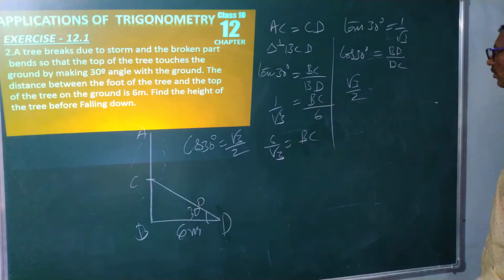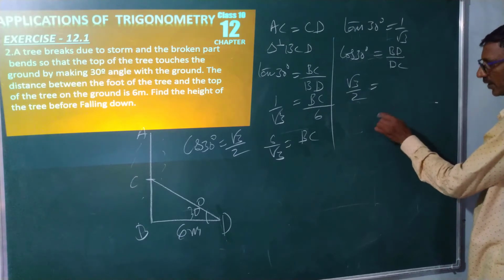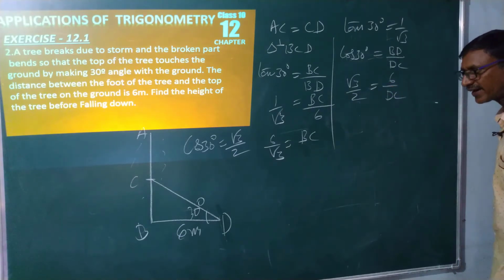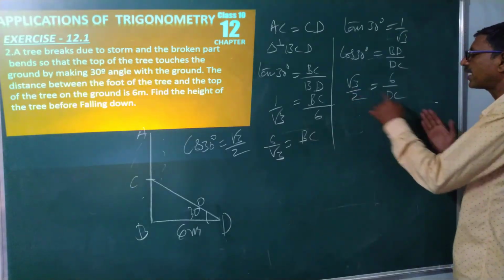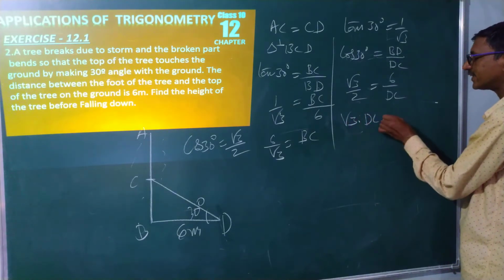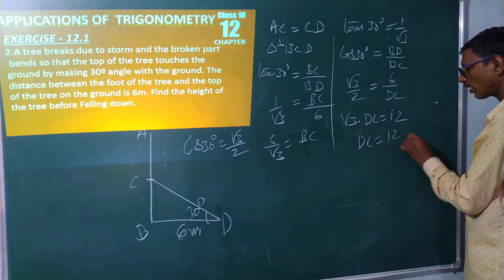Now coming to here, BD is 6 meters by DC. I would like to write it as it is because I don't know. By cross multiplication, root 3 into DC is equal to 6 twos are 12. DC is equal to 12 by root 3.